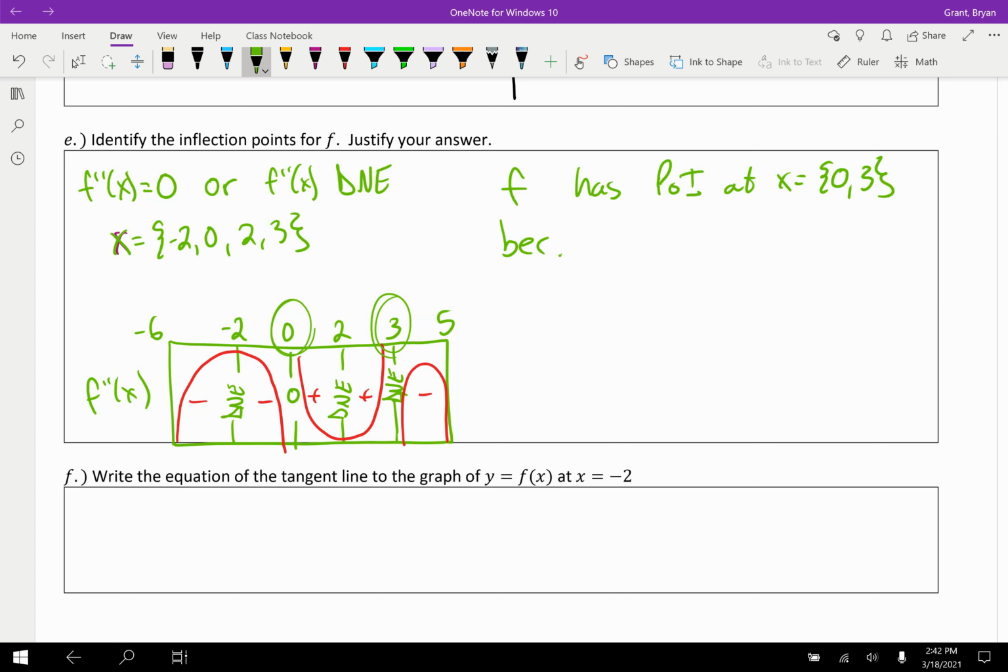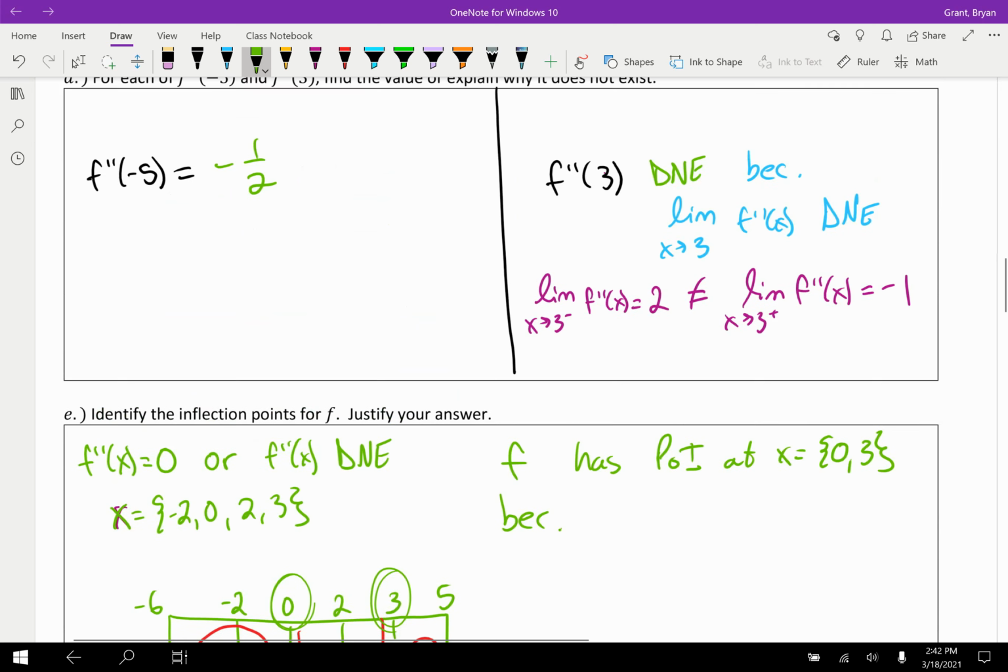We gave you the graph of f prime. And so, although you could write a nice sentence about how f double prime measures the slopes of f prime and so on, it's much faster and preferred for you to just use the graph of f prime to justify.